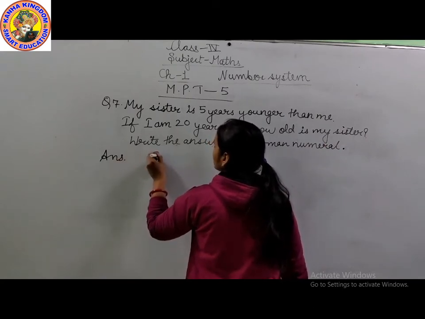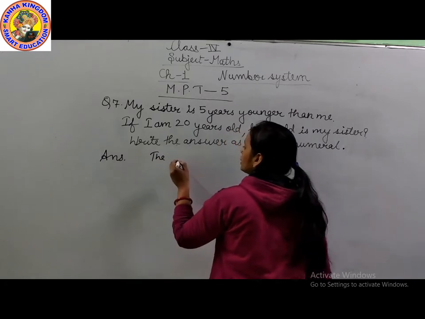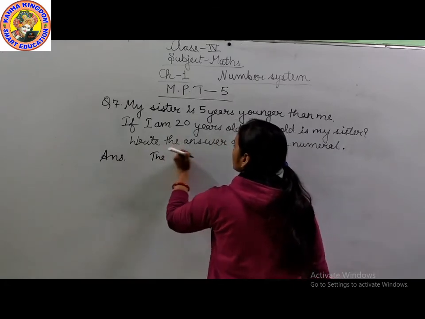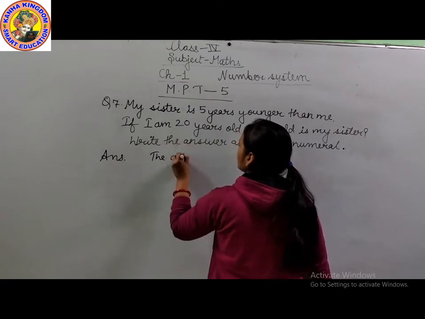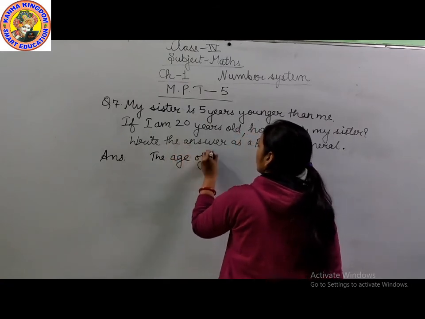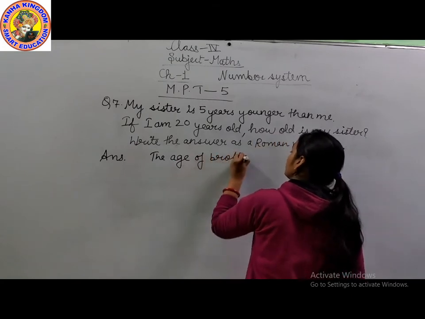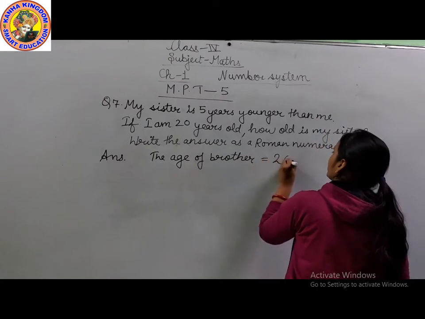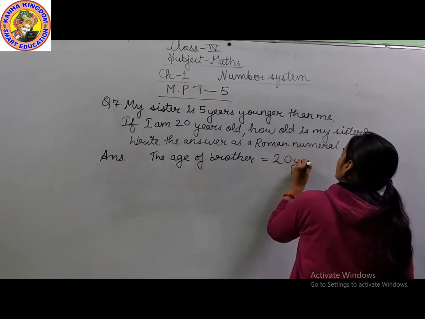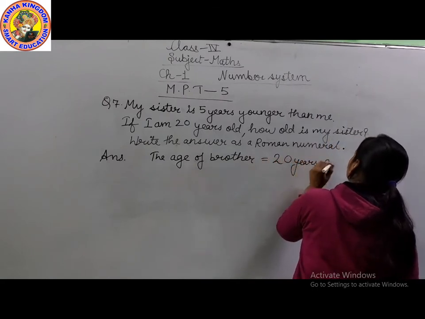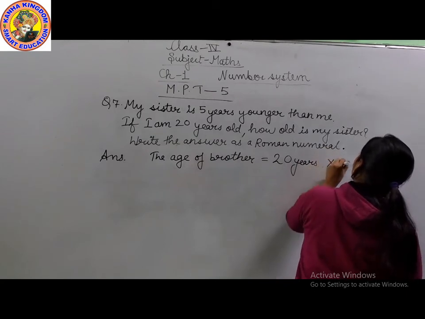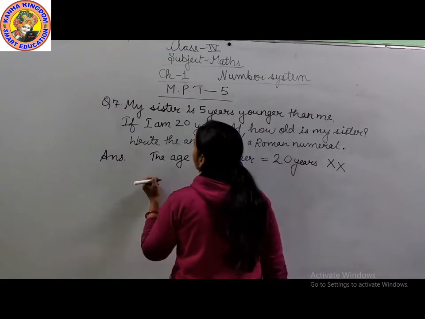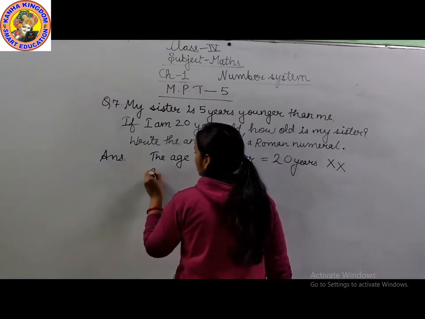So the age of brother is 20 years, means double X. Sister is younger.